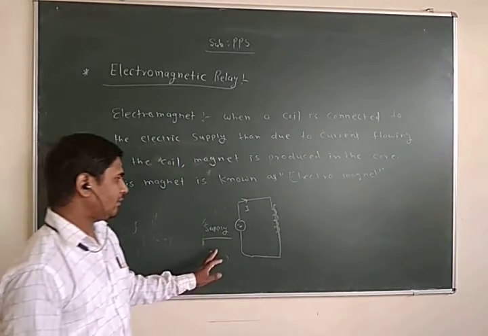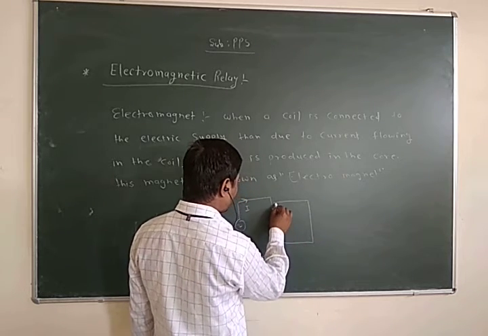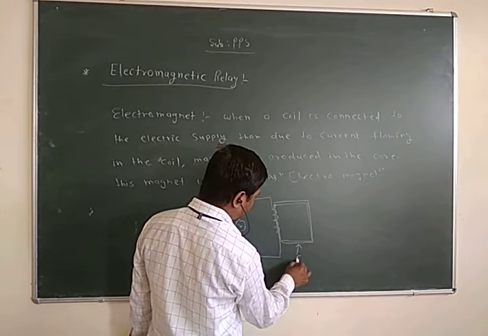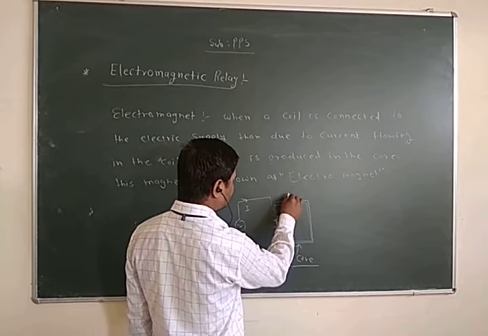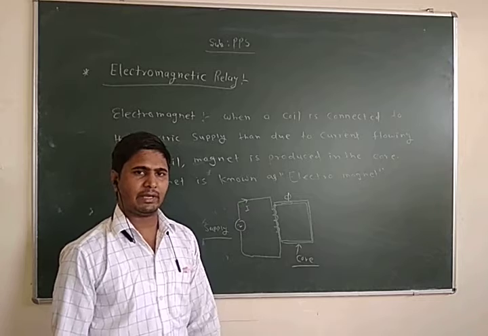This magnet is known as an electromagnet. Suppose this is the core, then the magnet or flux produced in this core is known as electromagnetic flux.